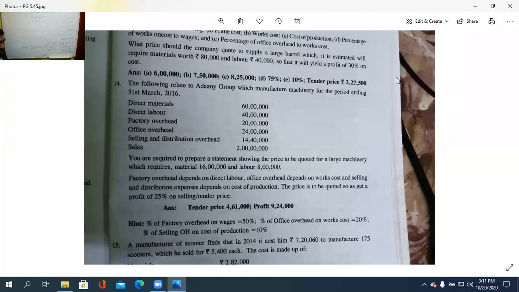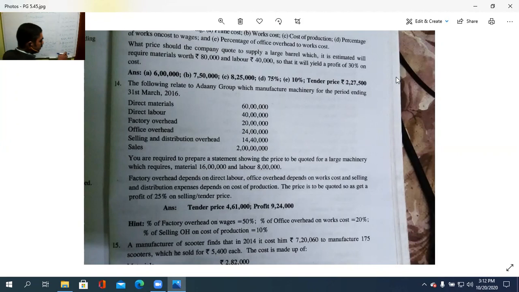It is not like that, because they clearly mention that the price is to be quoted so as to get a profit of 25% of the selling or tender price. So sales is 25%, which is the profit. So the cost is 75%. But what they have done here is take 25% of the cost as profit, so the tender price of 46,20,000 is also wrong. Actually, for the total cost, the value to be taken is 25 divided by 75.